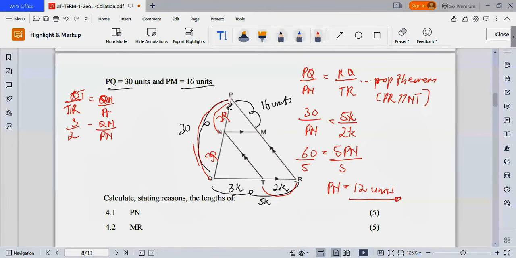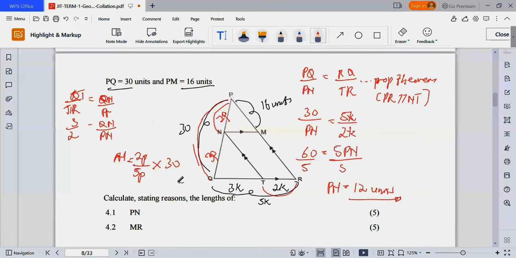So to calculate PN, I have 2p as a ratio for PN, and the total ratio is 5p. So I could say 2p over the total ratio of 5p, the sum of the ratios, multiplied by the total length PQ, which is 30.